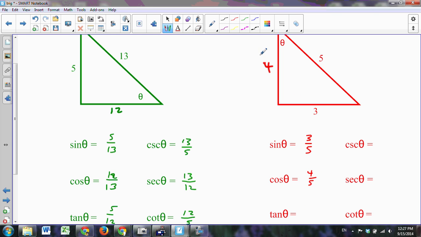Tangent will be opposite over adjacent, 3/4. And the cosecant will be the reciprocal of sine. Secant will be the reciprocal of the cosine. And cotangent will be the reciprocal of the tangent. And that's basically how it works if the angle theta is acute.